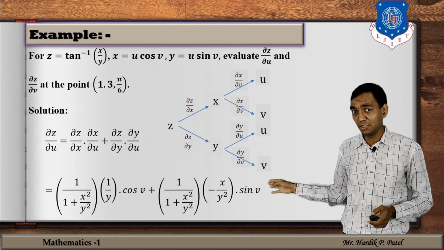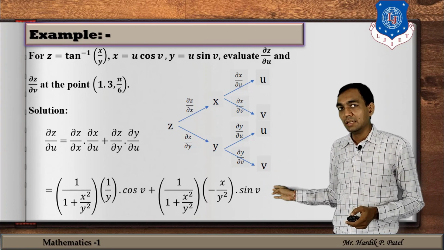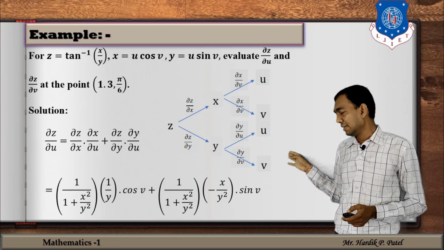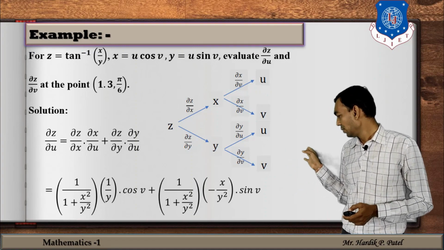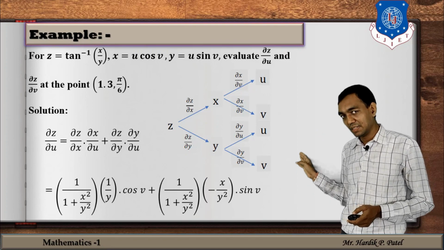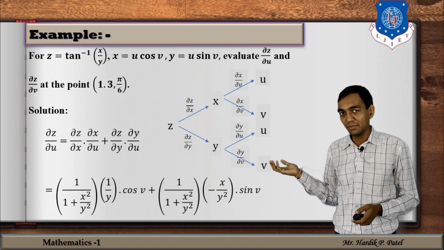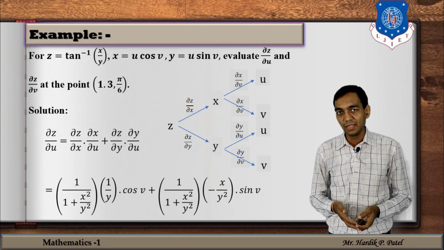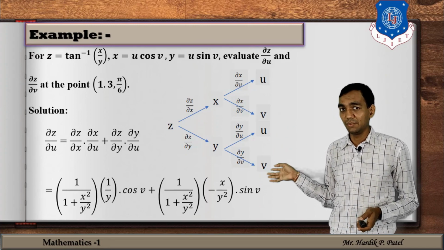So tan inverse has a derivative 1 upon 1 plus x square into derivative of x by y with respect to x, that is 1 upon y, and del x by del u, that is cos v, plus derivative of z with respect to y, that is tan inverse has a derivative 1 upon 1 plus x square, and x by y has a derivative minus x upon y square with respect to y. Same manner, del y by del u, that is sin v.